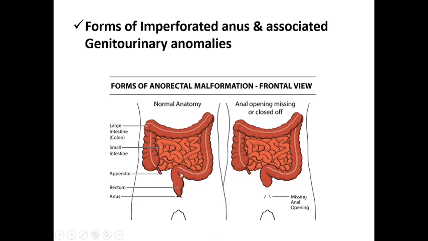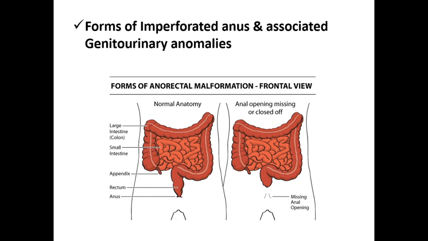Then you have the rectum, anal canal, and then the anus, which opens to the outside. So in a normal person, there is an anal opening through which the feces comes out. But in imperforate anus, there is no anal opening for the feces to come out.